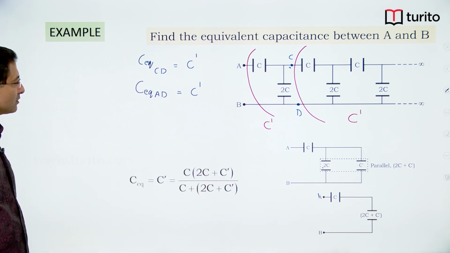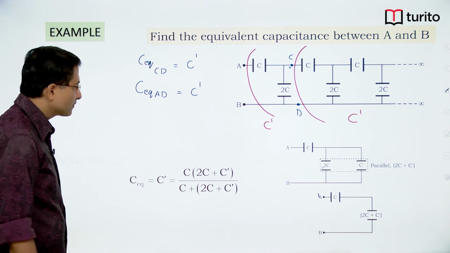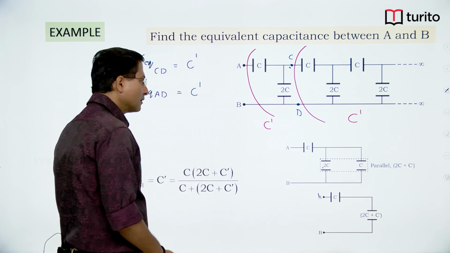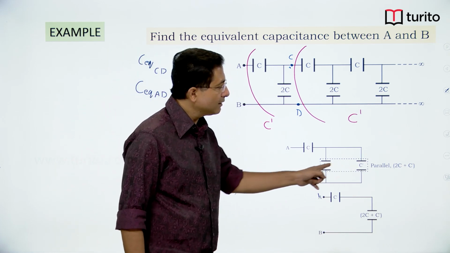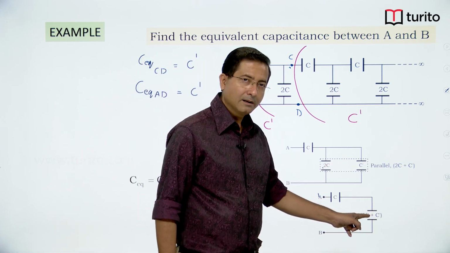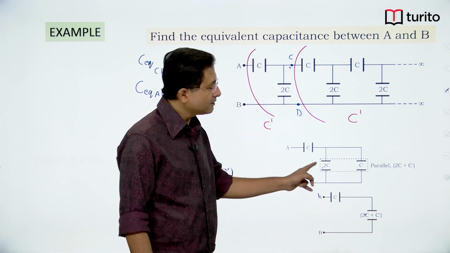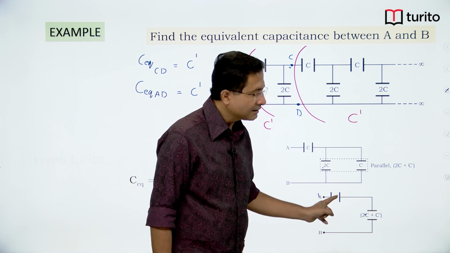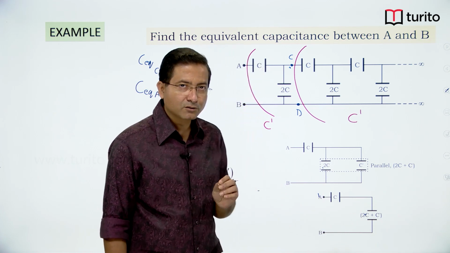So I can write the equation this way. You can see these two are connected in parallel, so the equivalent capacitance will become 2C plus C dash. Now this and this, they are connected in series.